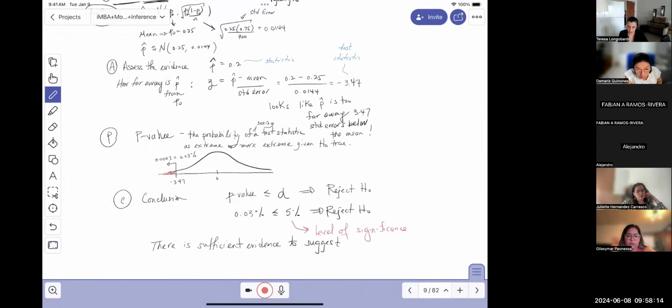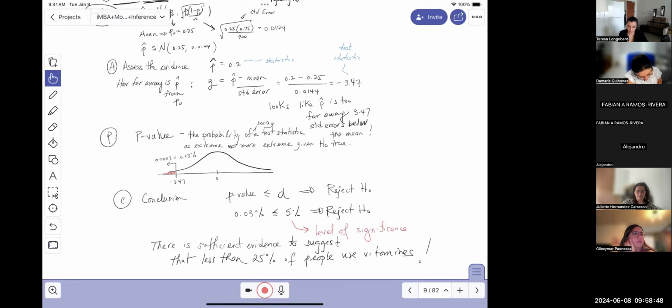There's sufficient evidence to suggest that, and now you can state the alternative, that less than 25% of people use vitamins. Okay, so that's the way to say it.